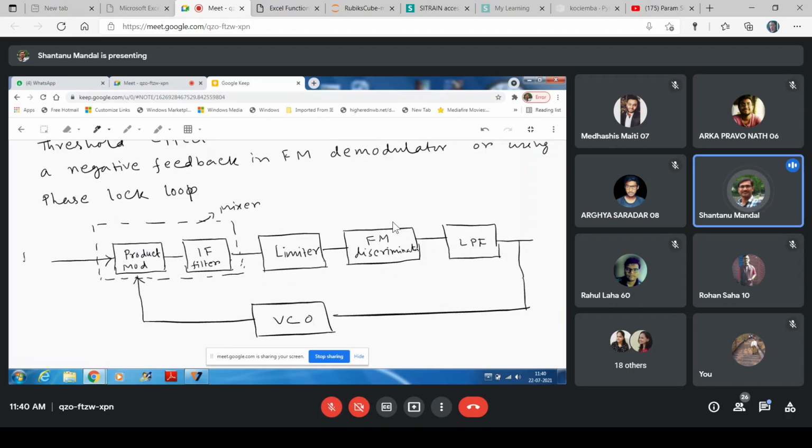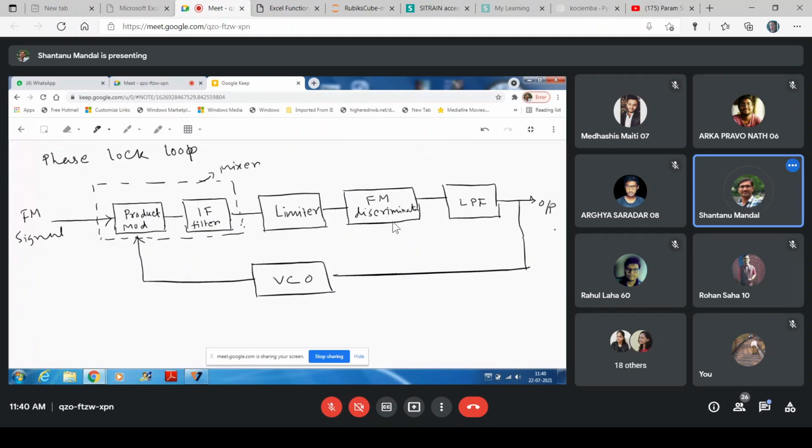This is the FM wave and this is the output signal. The total configuration is known as the FM feedback demodulator, FMFB demodulator.